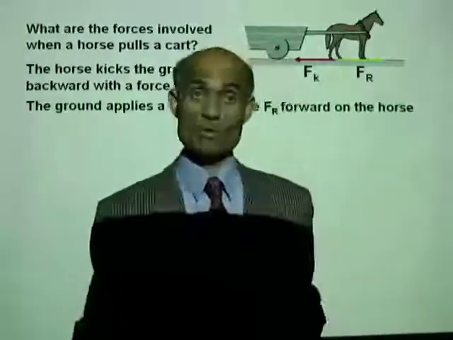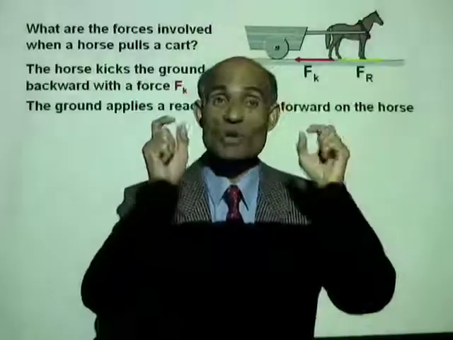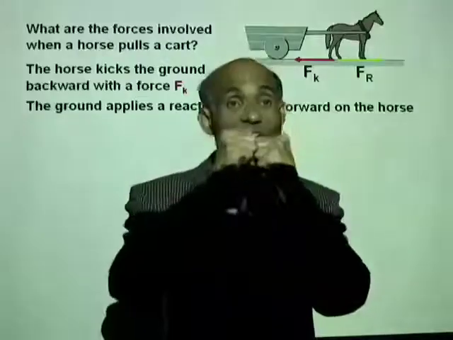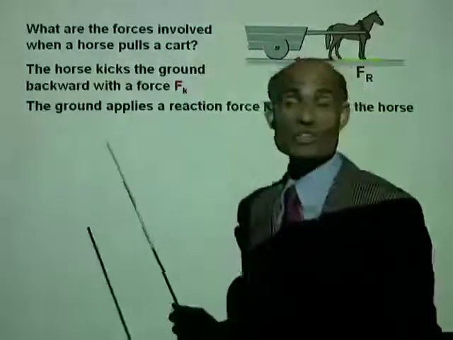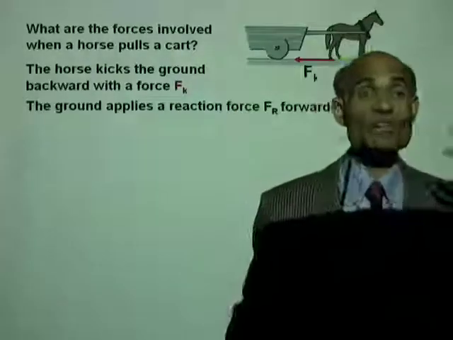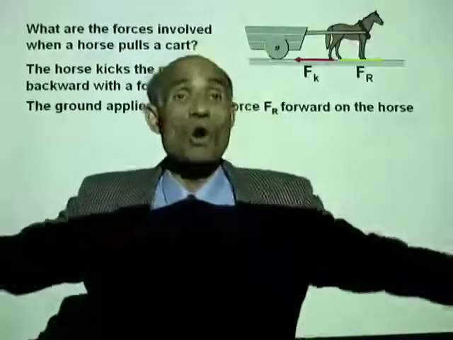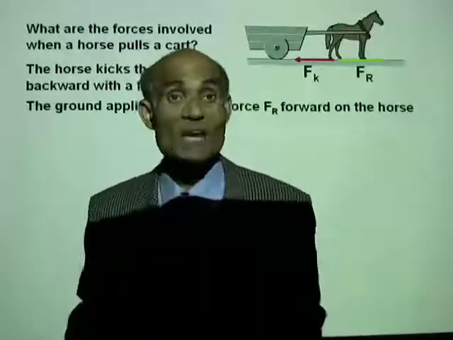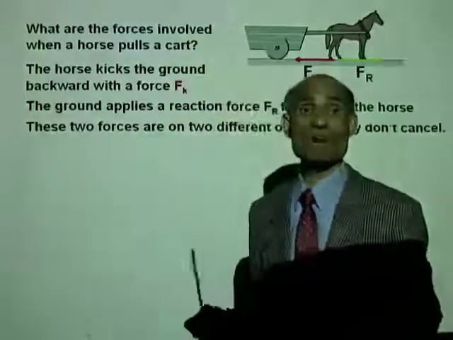Alright, so action and reaction forces will cancel only if they are acting on the same object. In this case, they are not acting on the same object. When we walk, they are not acting on the same object. You see, force pairs are all over. They don't cancel very often because they are on two different objects.